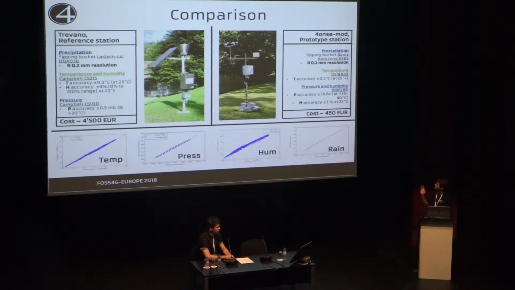And the 4-ONs solution has a cost of 450 euros. And we evaluated the temperature, the pressure, the humidity, and the rain, because the official weather station has only these 4 parameters.